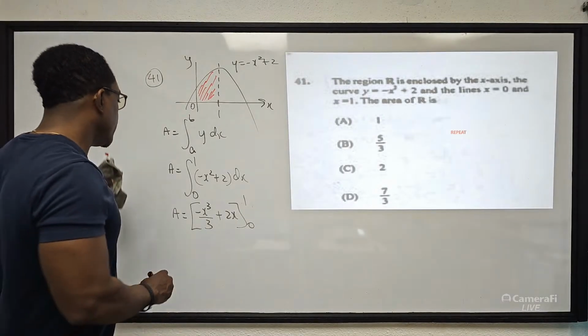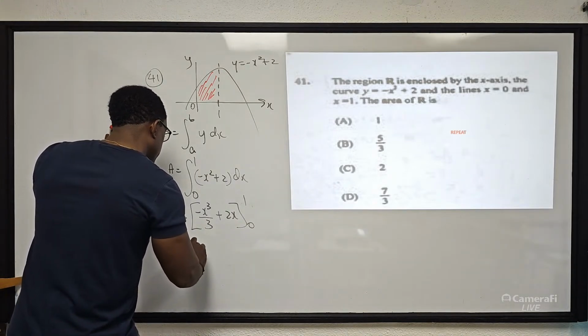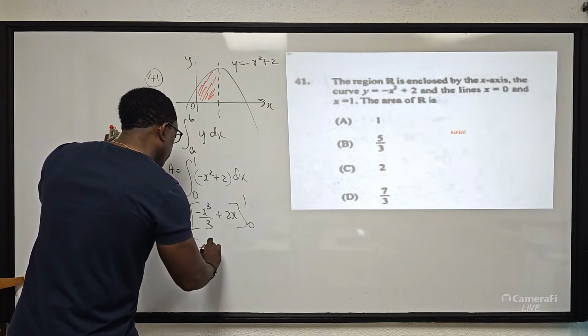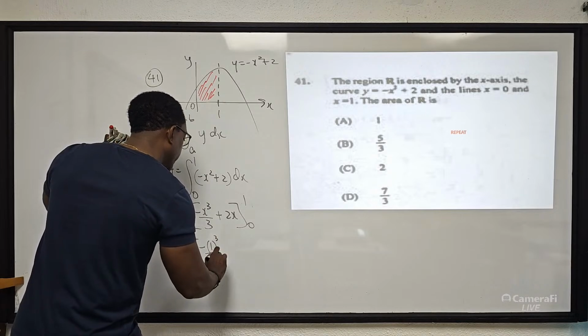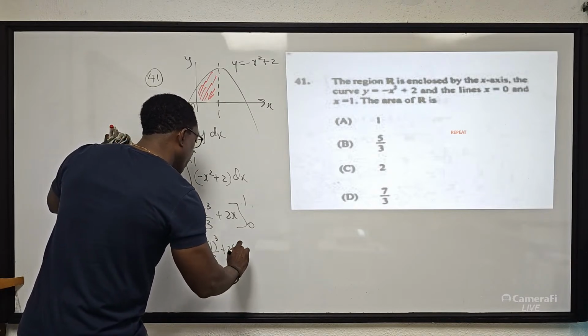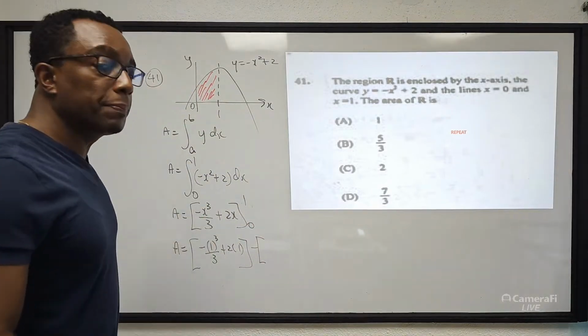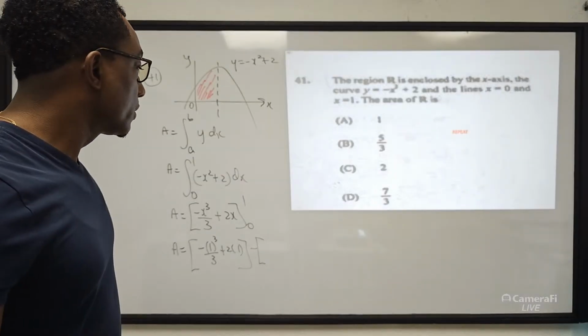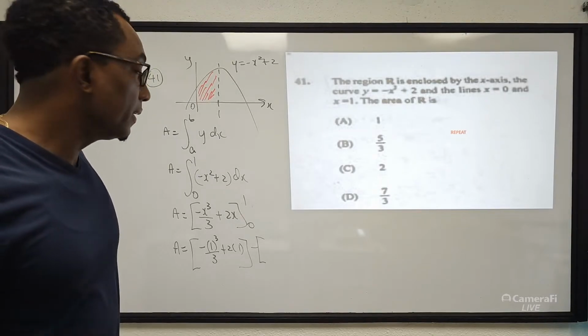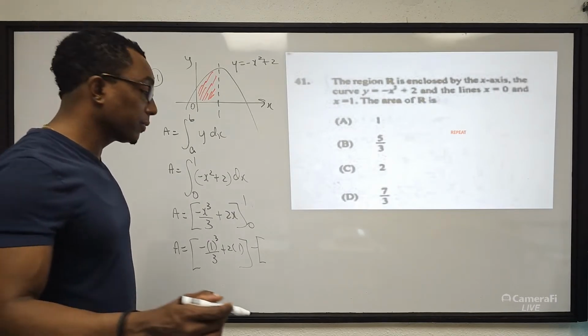So A is equal to negative 1 in brackets cubed all over 3 plus 2 times 1, subtract the expression with x replaced by 0. When I substitute 0 into my expression, I'm going to get 0.